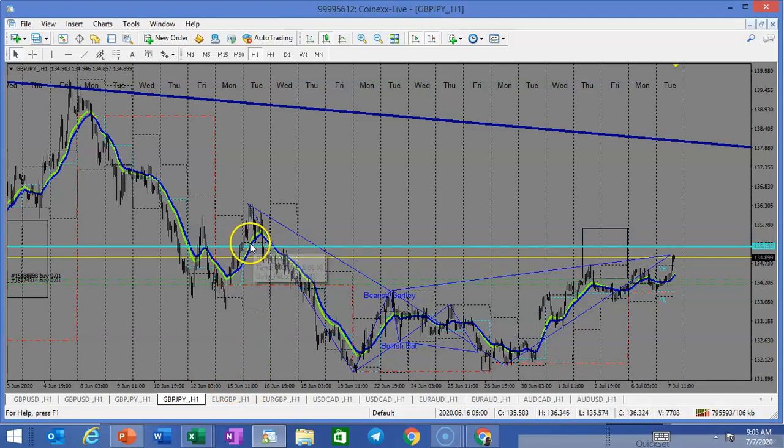I would consider that a serious level, just because you have a previous day high, you have a daily open, and you also have a previous day low.